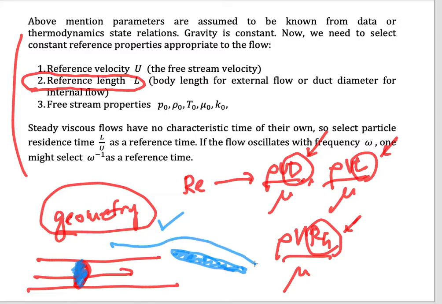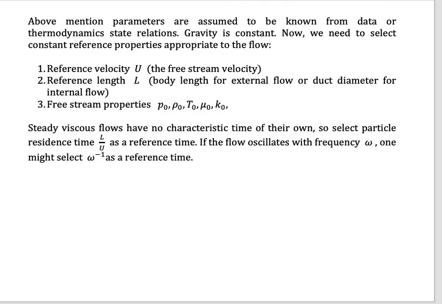We found that instead of the thickness of the aerofoil, the length of this aerofoil, meaning the span length, is the most influential geometry parameter. So they replace the term D with the term L. And for this RH, RH means hydraulic radius. Hydraulic radius is normally used in open channels.